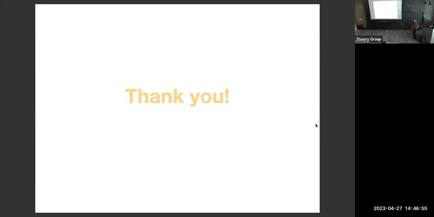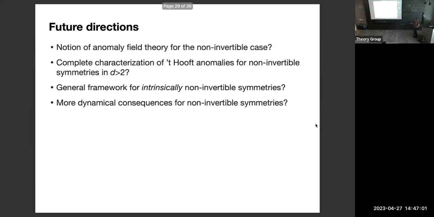Questions? Can you say again what you meant by intrinsically non-invertible? Oh, yeah. So remember I said that the symmetry TFT is invariant under topological manipulations. In the examples that I was focusing on, I got to a theory with a non-invertible symmetry from some sort of gauging from a theory that didn't have one.